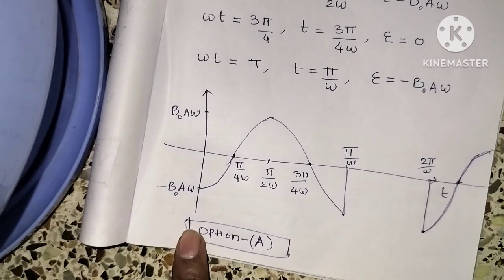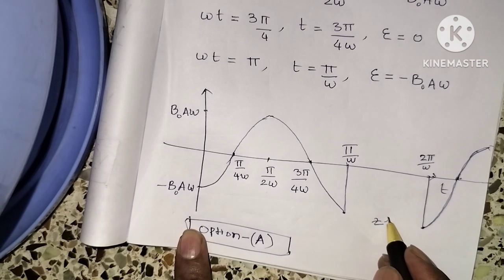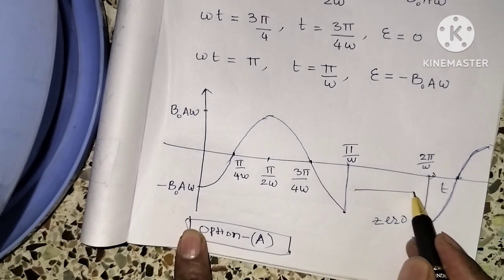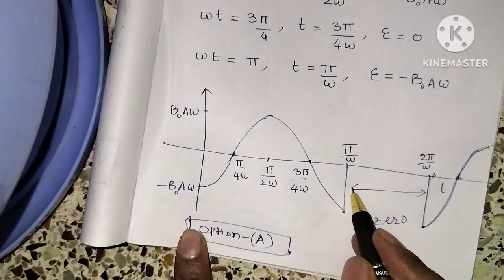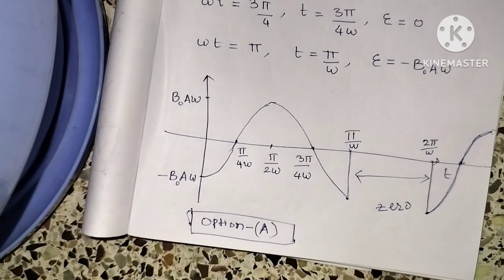After that there is nothing here; it is 0, you can write it is 0. In this zone there is no induced EMF in the loop. After that it will repeat. So option A is correct. This question is easy only.